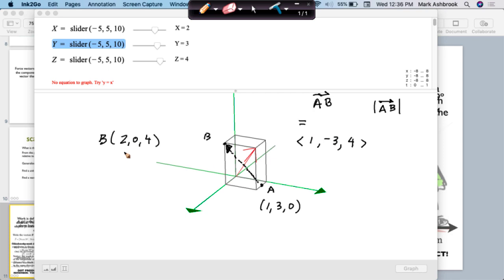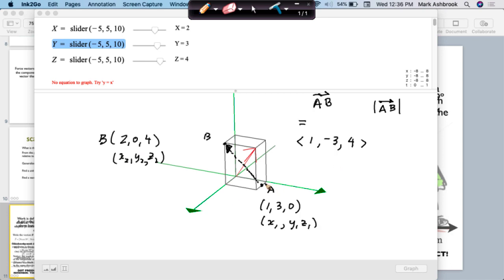So notice if B was x2, y2, z2, and point A was x1, y1, z1, then what would the distance be?